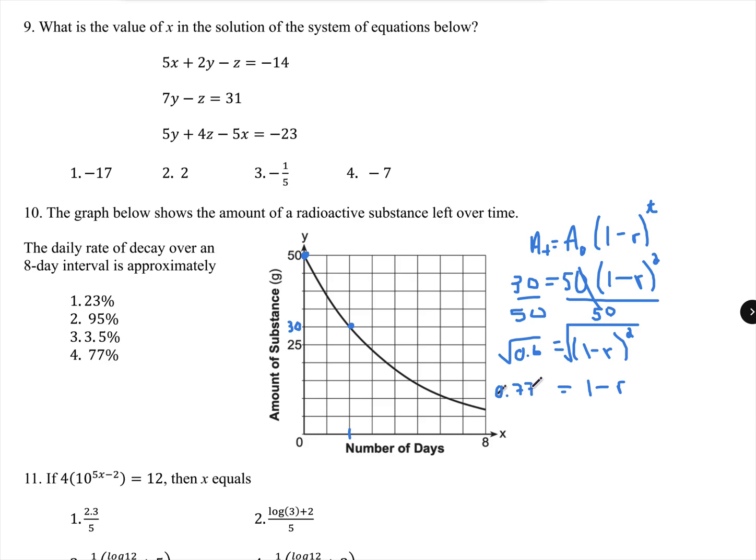All right, but I'm not done yet. I still have to solve for r, so if I subtract 1 on both sides, I'm left with negative 0.225, which would round up, we're going to say, just to 0.23, equals negative r. Because I have a negative, I'm dividing by -1, so I'm just going to change that to a positive, that to a positive. What's my percentage? 23%. We're good to go.